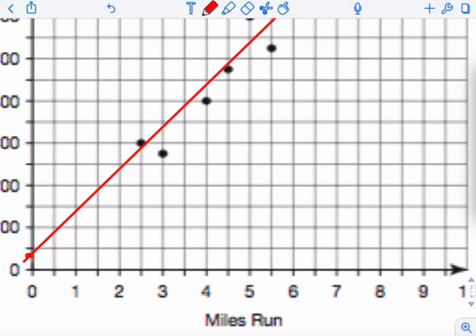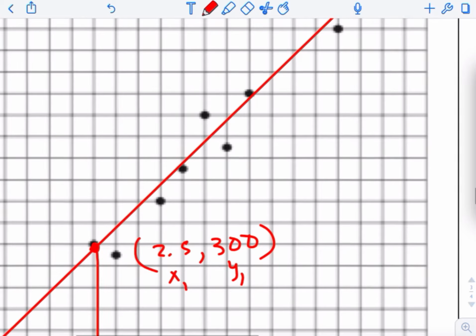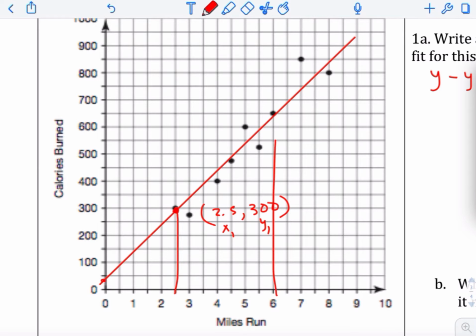Okay, I'm going to choose this dot, 2.5 and 300, as my x sub 1, y sub 1. And the other dot, 6 and 650, x sub 2, y sub 2, right?